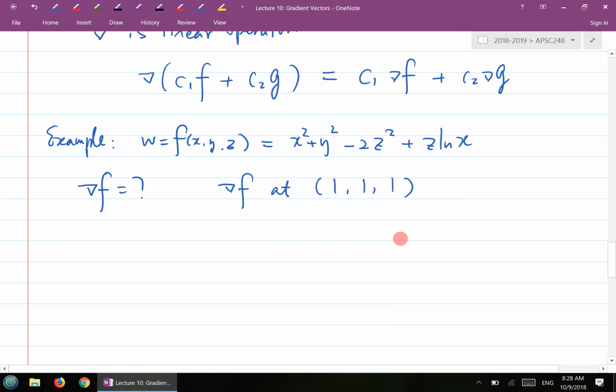So let's calculate this using the formula we have just defined.